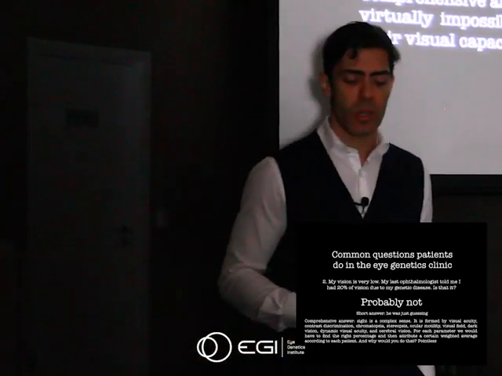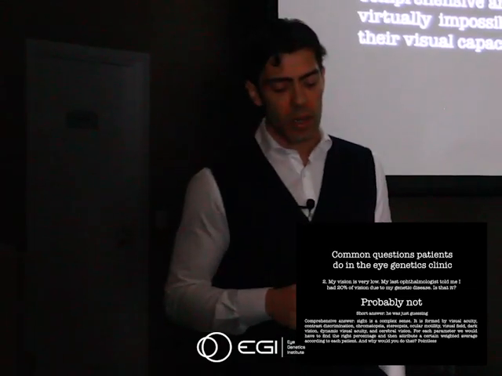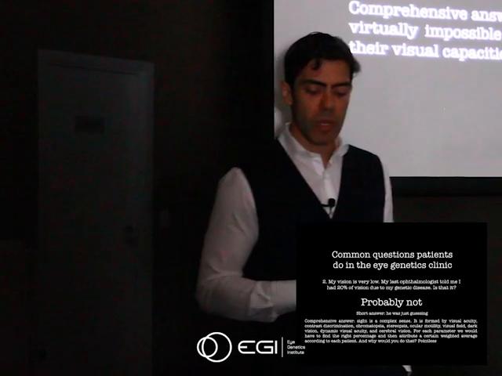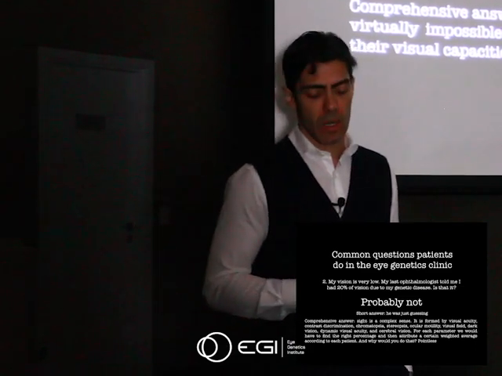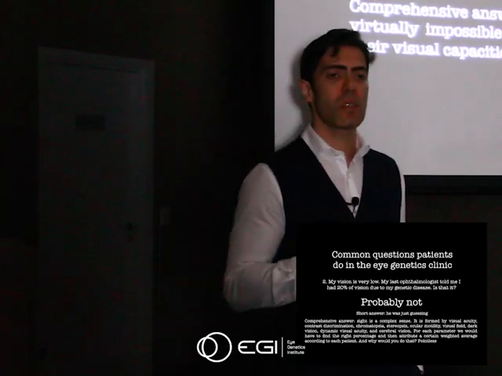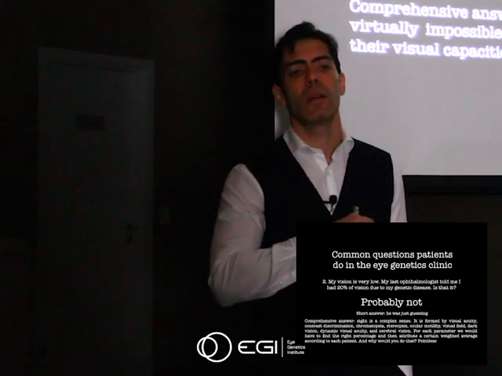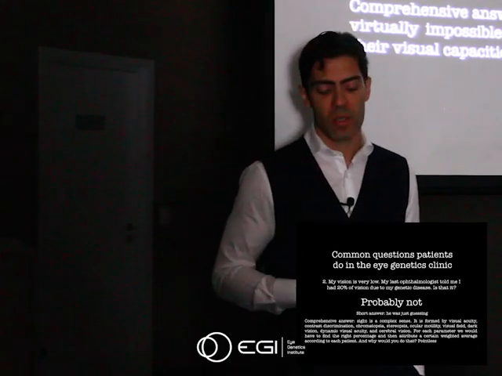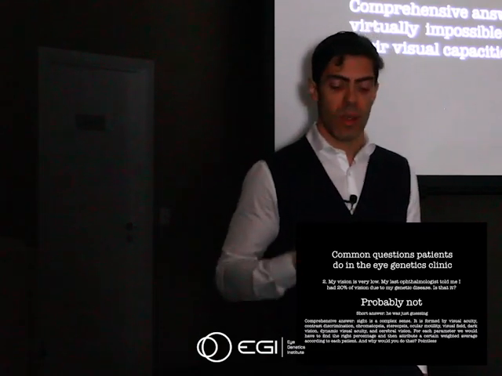Another common question that we see is the patient saying, what are the chances of losing my vision completely? What are the chances that I can go blind, completely blind? The short answer is almost 0%. And why?